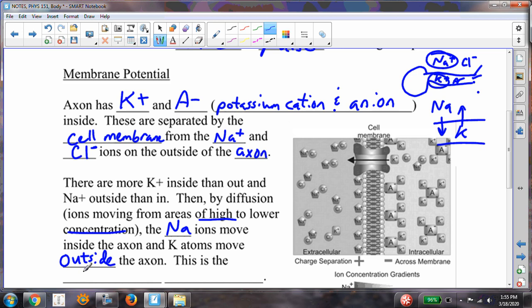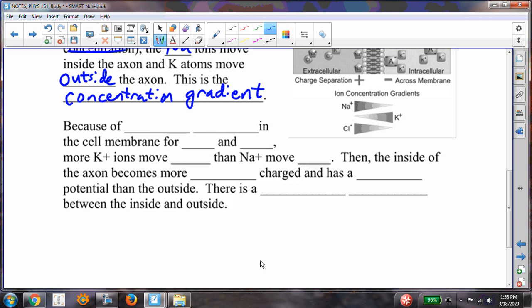And this is called a concentration gradient. Because I have a higher concentration of one ion on one side, they will tend to equilibrate, and so those ions will move from an area of high concentration to low concentration. So that's the first thing, concentration gradient.